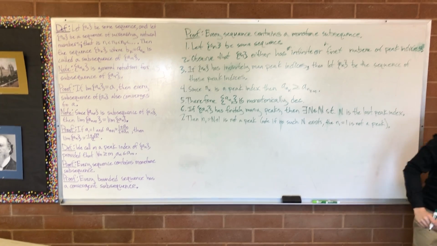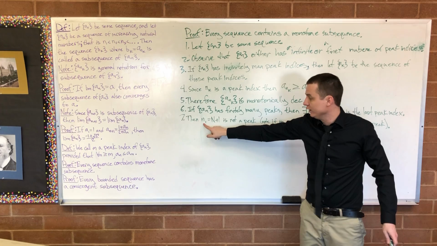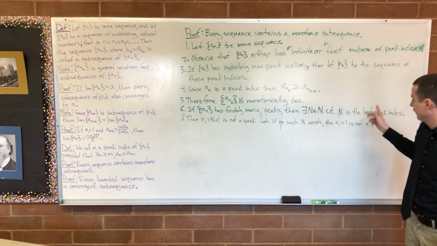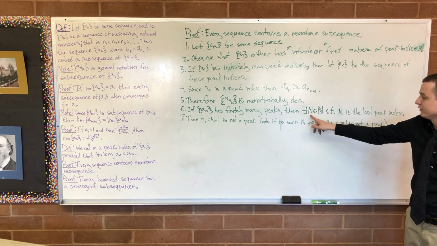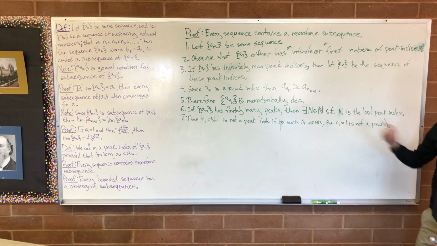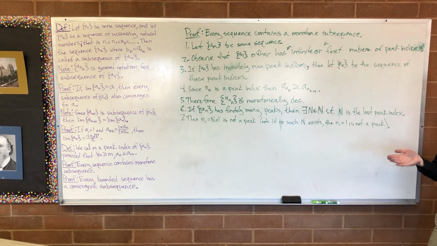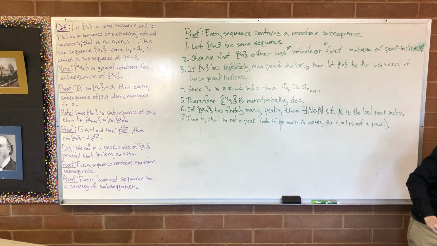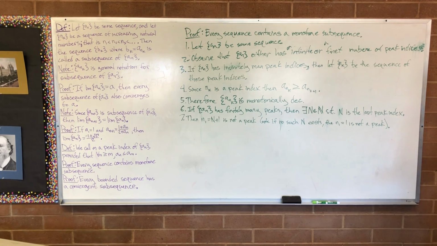So we're going to say that n sub 1 is the first index after our last peak. If there was no last peak index, then we'll just say n sub 1 is just the first one. You can just do that. Why not? I'm just coming up with n sub k.